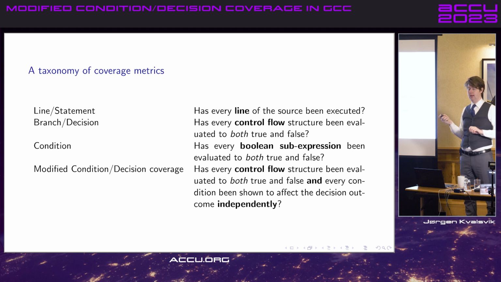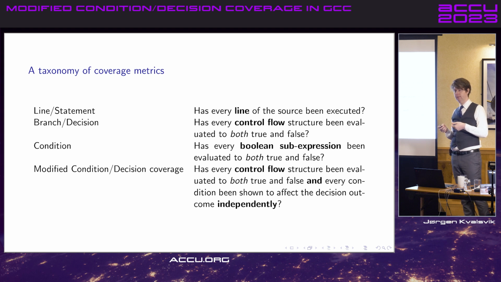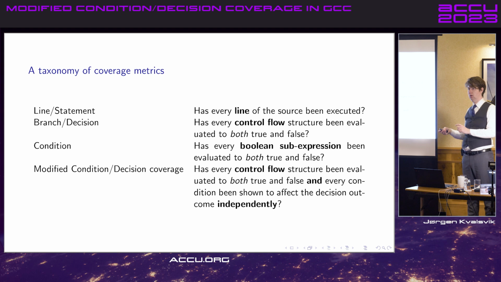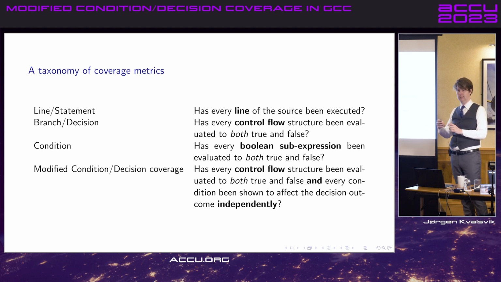Independently means that if you have a particular test input for your expression, you can change that one variable and flip it, and the outcome would change. So if your expression is true because you passed it true, and one of the variables gets turned to false, the expression should now be false. In that case, it does independently affect. That's what it means.